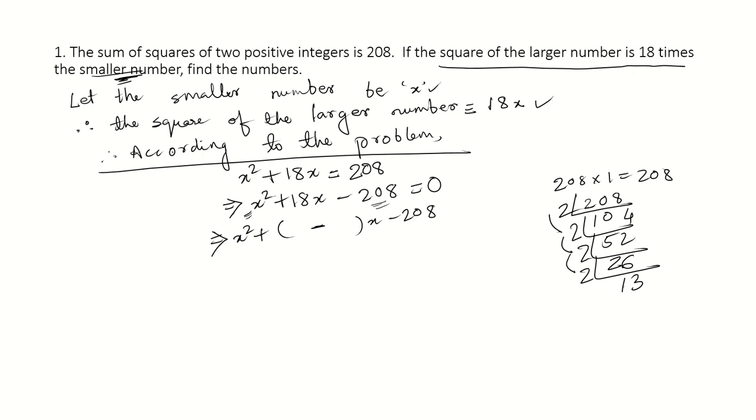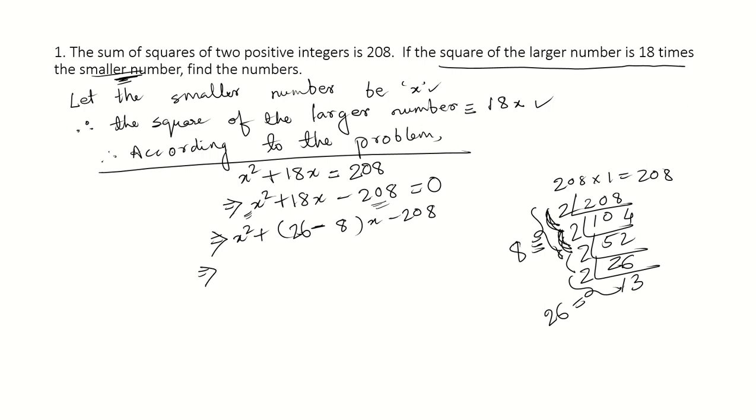We see here, let's multiply 2 cross 2 and 2 cross 2. The first three 2s give us 8, and 13 times 2 gives us 26. So if we subtract 8 from 26, this gives us 18.